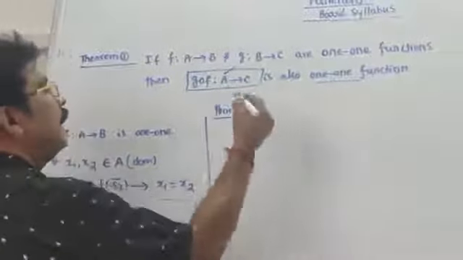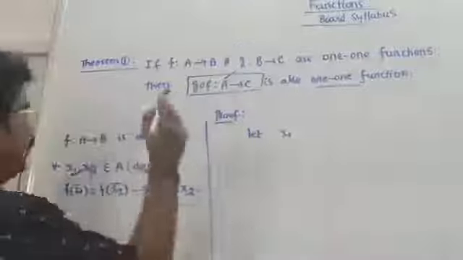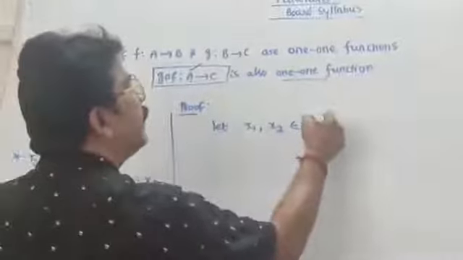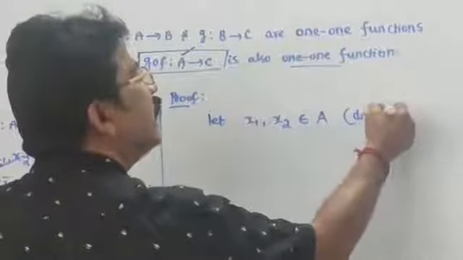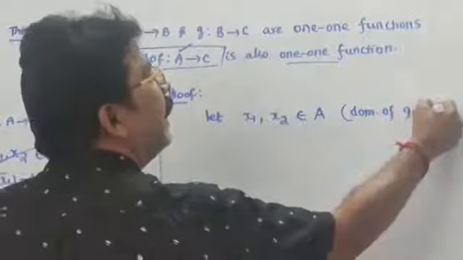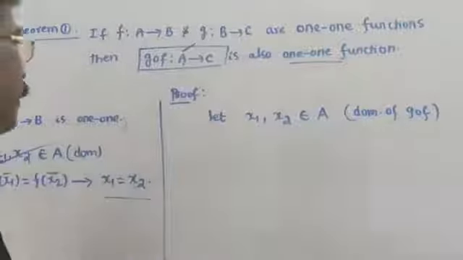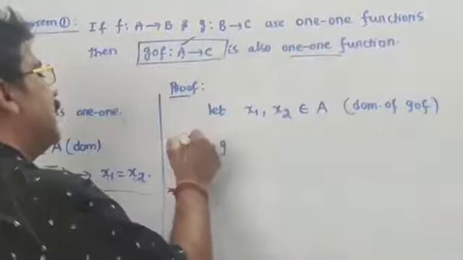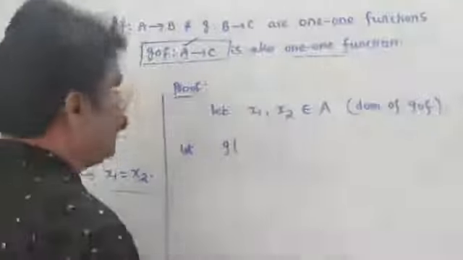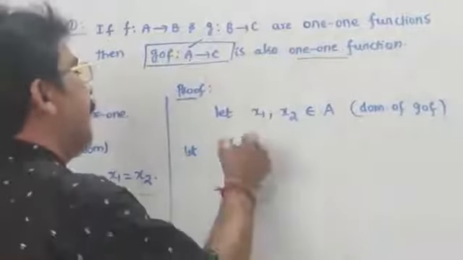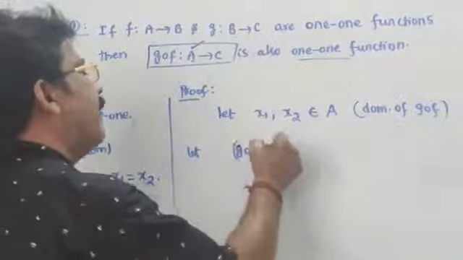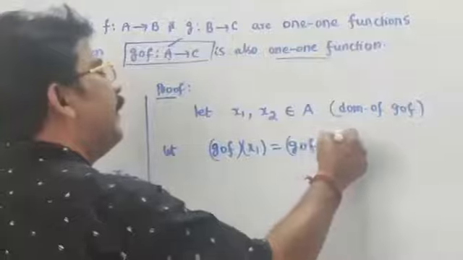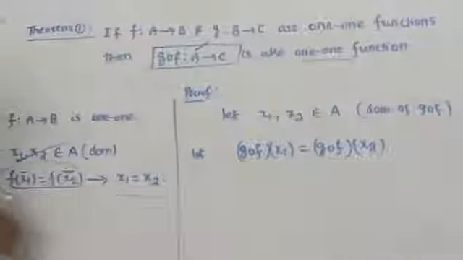Let x1 comma x2 belongs to domain capital A. This is the domain of G circle F. Next, assume G circle F of x1 is equal to G circle F of x2.